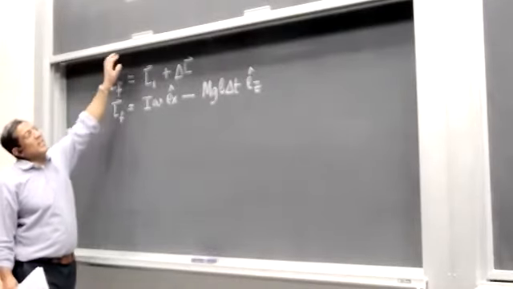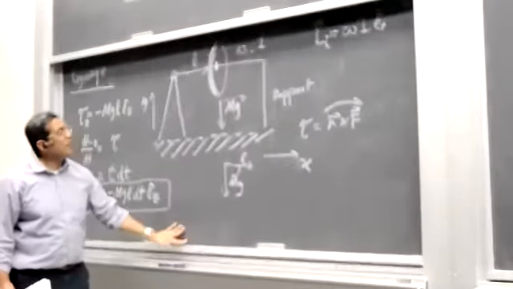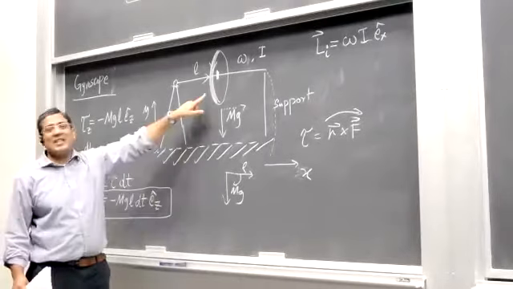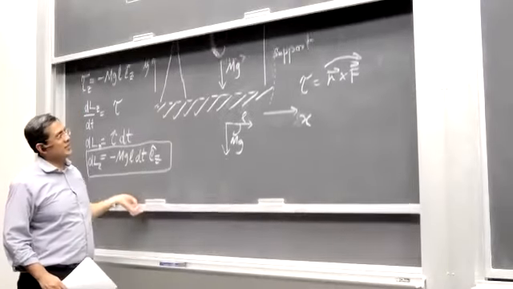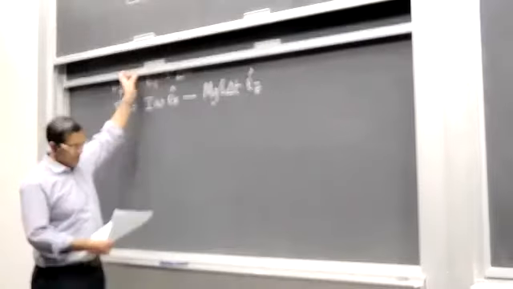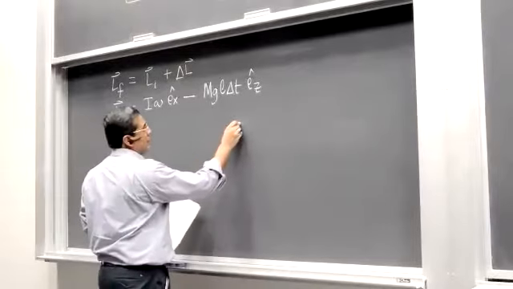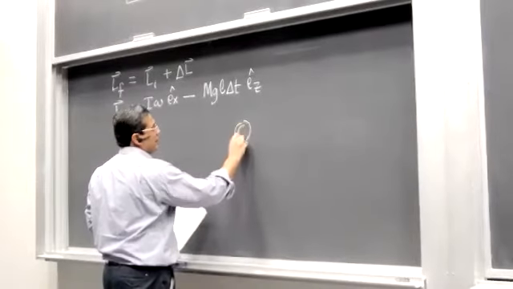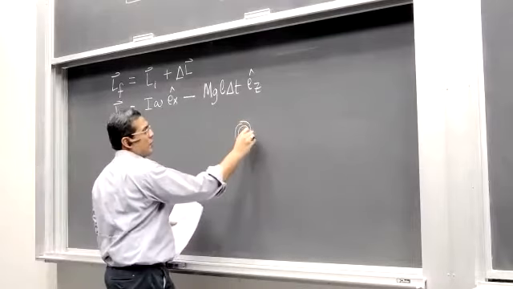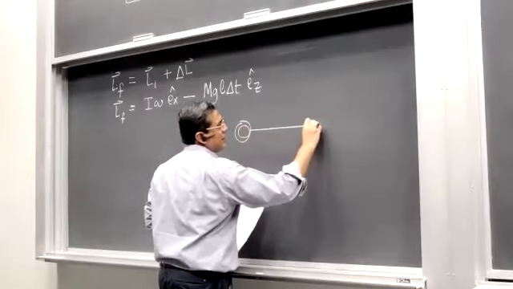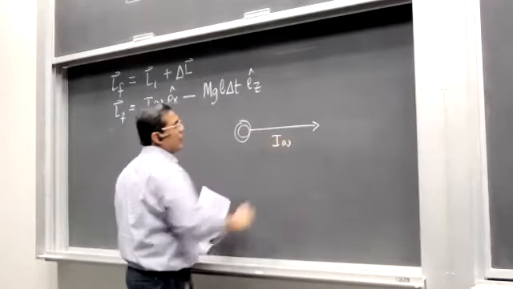So if you were looking at this assembly from the top, this is how it would look. This is the pivot. If you're looking from the top, this would be I omega.